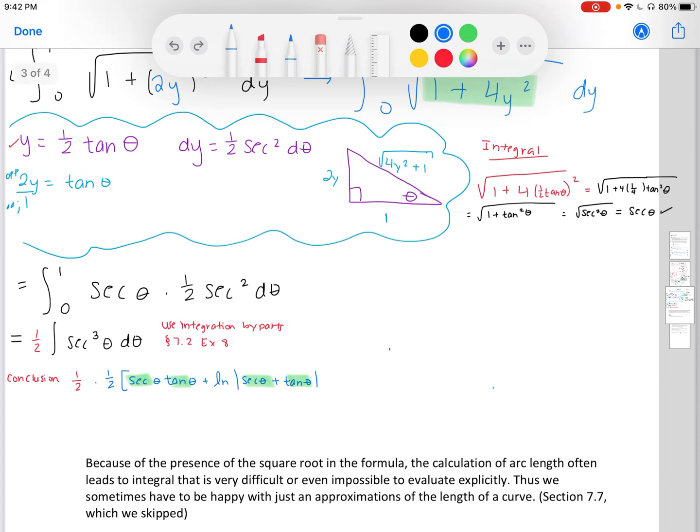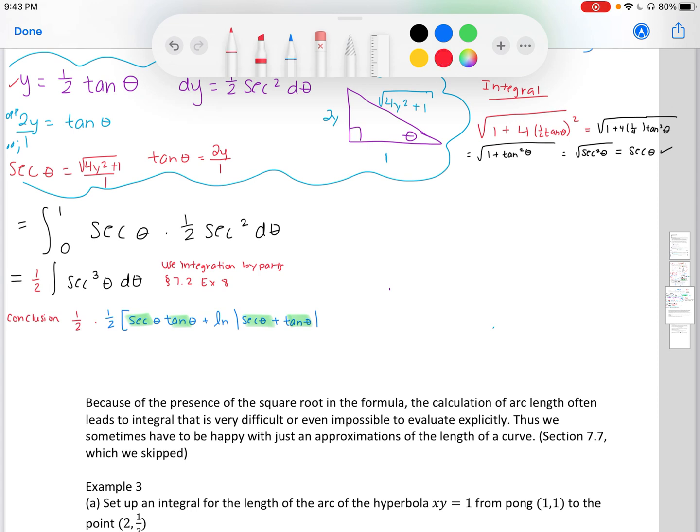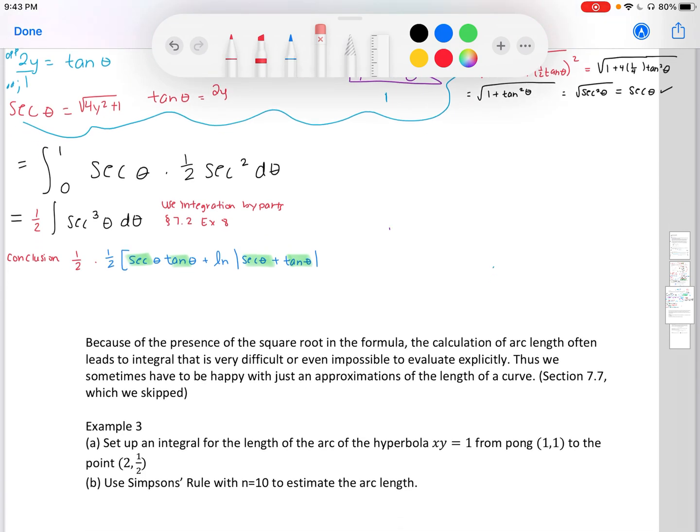Secant theta: secant is the reciprocal of cosine. Cosine is adjacent over hypotenuse, so we want hypotenuse over adjacent. So we have the square root of 4y squared plus 1 over 1. And tangent is opposite over adjacent, so 2y over 1. Basically, we can disregard that over 1. Let's make that adjustment.